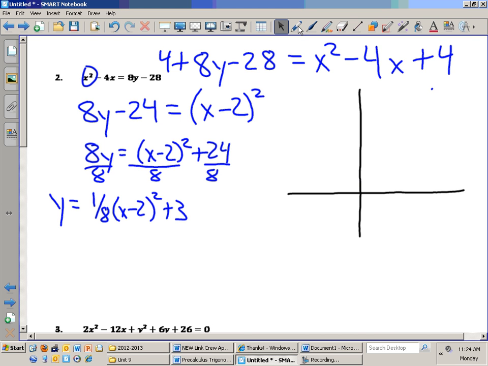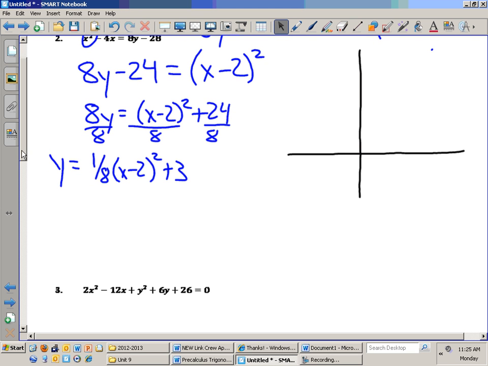So, we're going to graph this. I have to identify all the important characteristics about it. What is the vertex? Vertex: 2, 3. So I'm going to move over 2, up 3. My vertex.